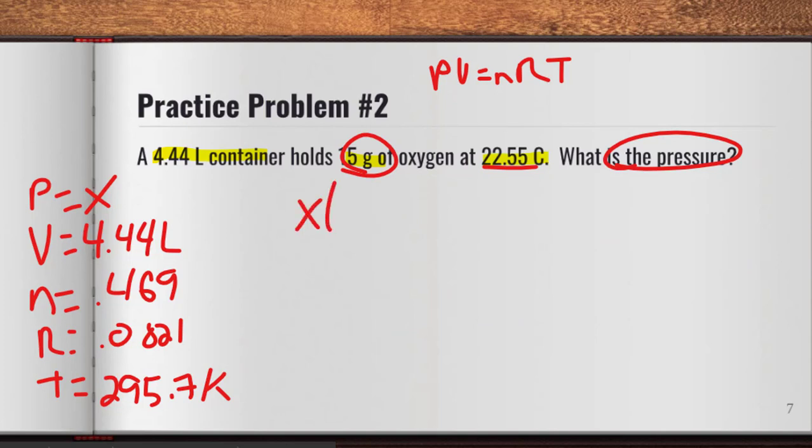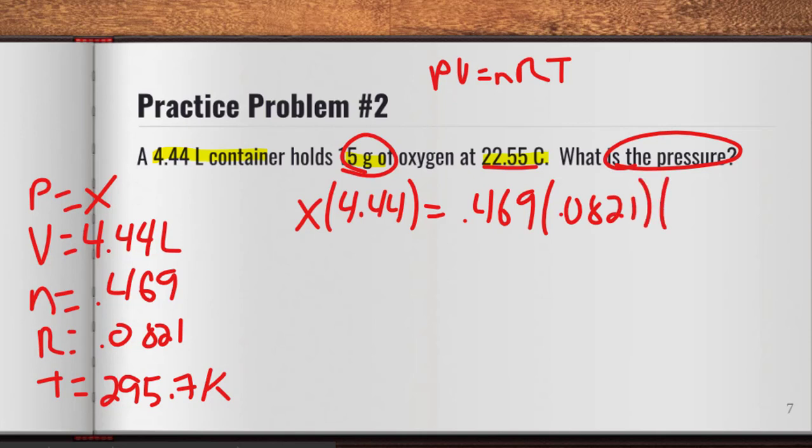So P times V equals N R T. And again, we just plug our numbers in and we solve for X. Our answer should have 3 significant figures.